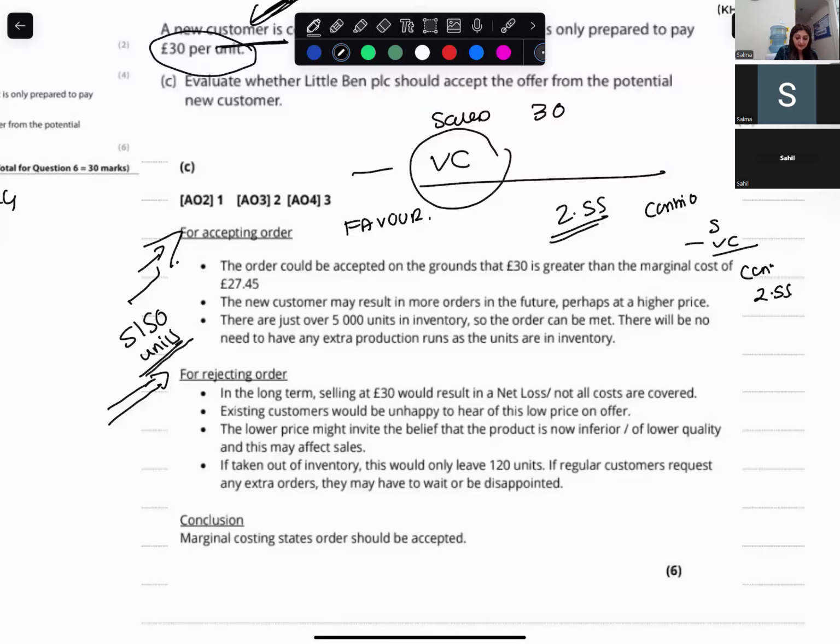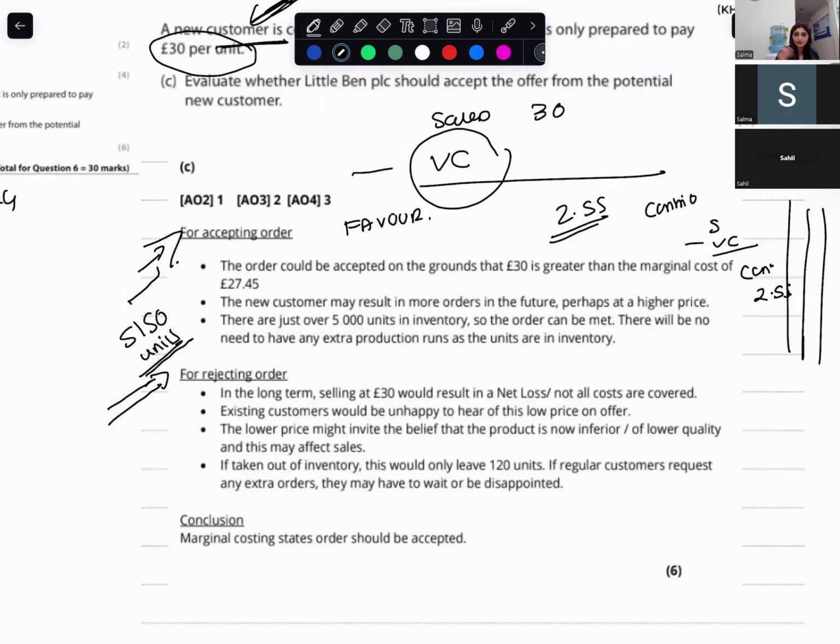You can use that closing inventory, so this order can be met. There is no need for extra production. This customer can become our loyal customer in the future. If he likes our product, then in the future you can also charge him an extra price. These would be the points in favor of accepting the order.